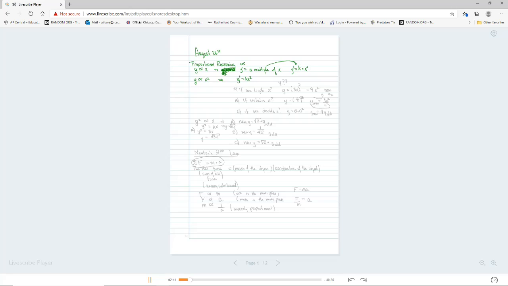So if we triple x, if we double x, what happens to y on each of these? Is it the same or is it different? I'll give you a minute to write and think and look.